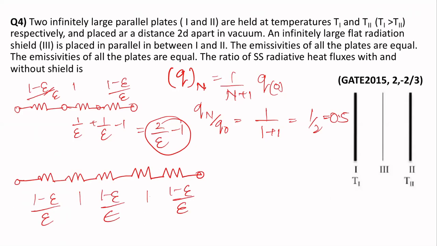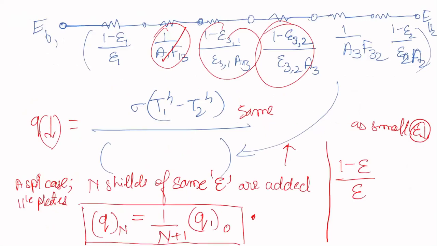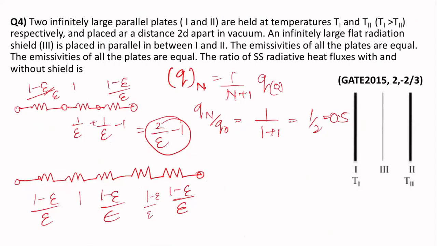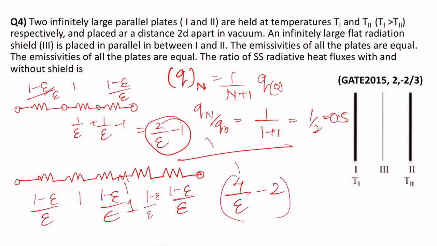There will be 6 of them, and another one over here. Just add them up. You will get 4 by epsilon minus 2. Take the ratio of the two, and you will again get the answer to be 1 by 2, or 0.5.